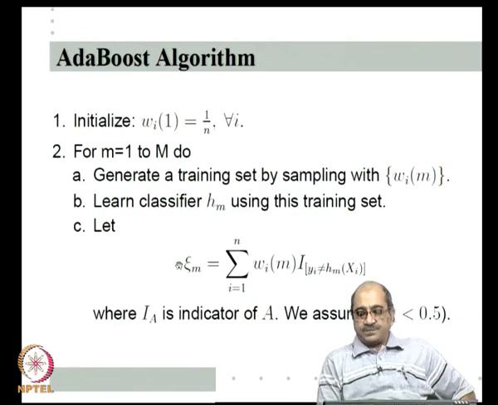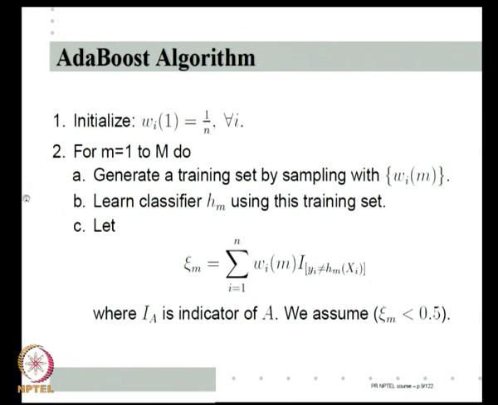We learn it, and then we calculate the error. Jm is the weighted error. See, the indicator of y not equal to hm(xi) simply means on this example I made an error, and the error is weighed by the weight of that example at this time.